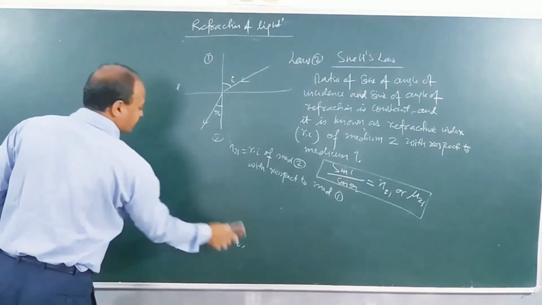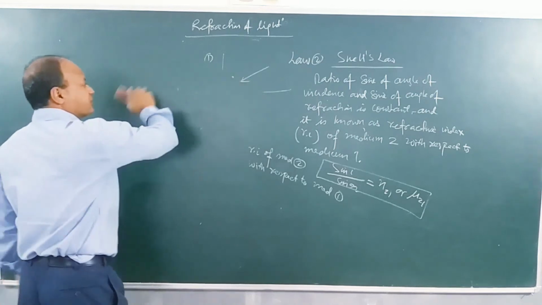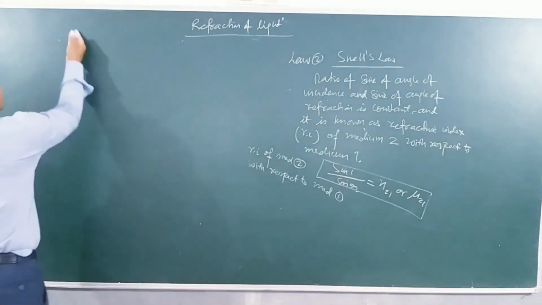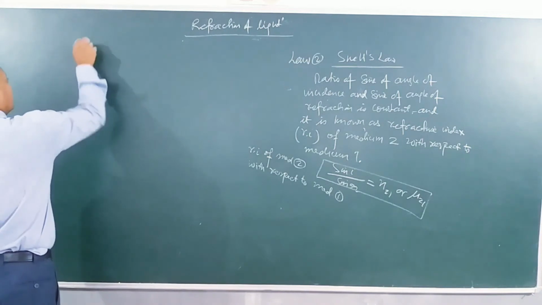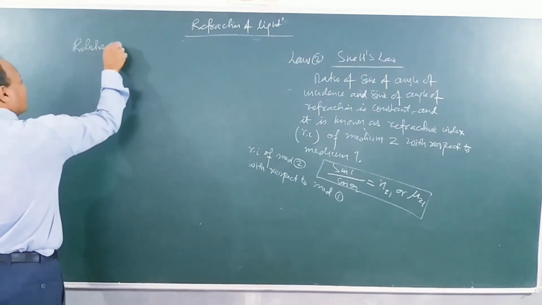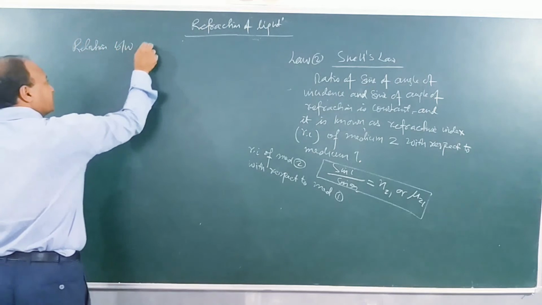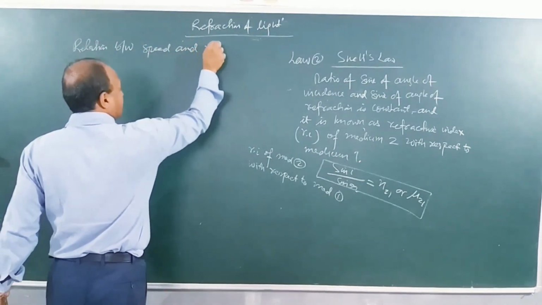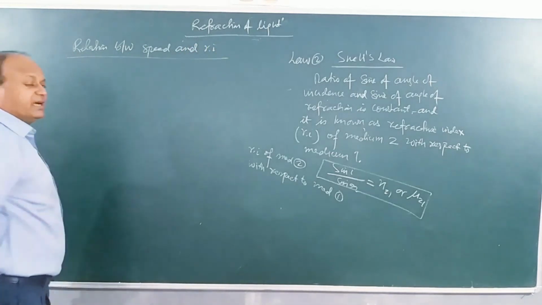There is a very clear relation, and you will understand this properly because we get numericals on this. Relation between speed and RI. RI means refractive index.